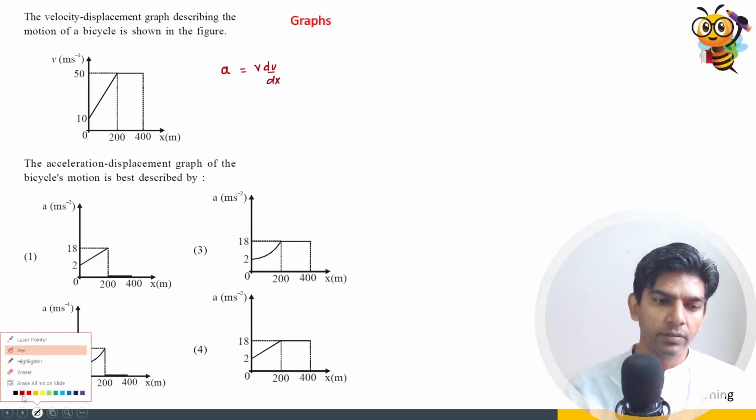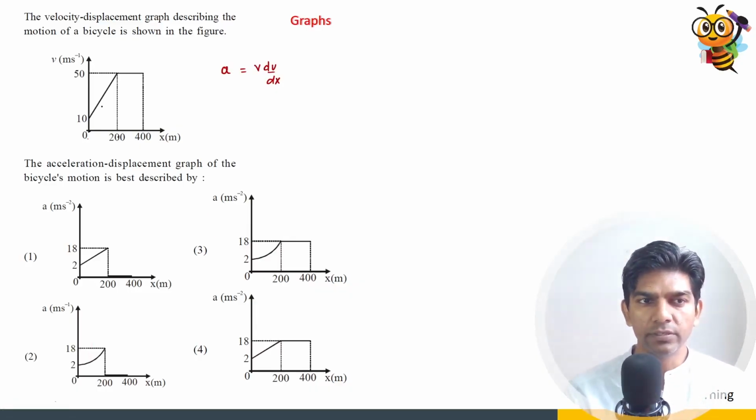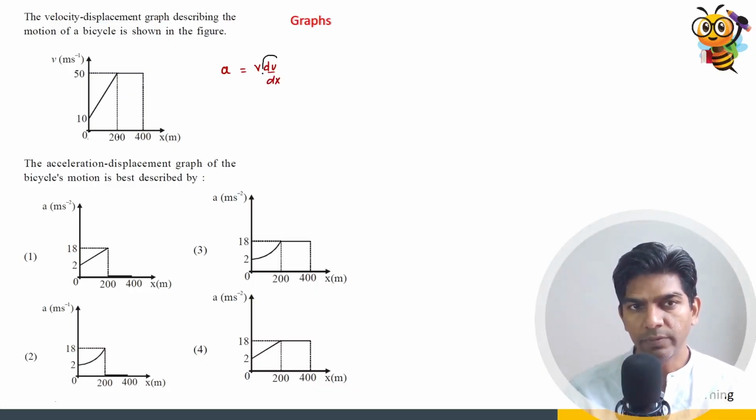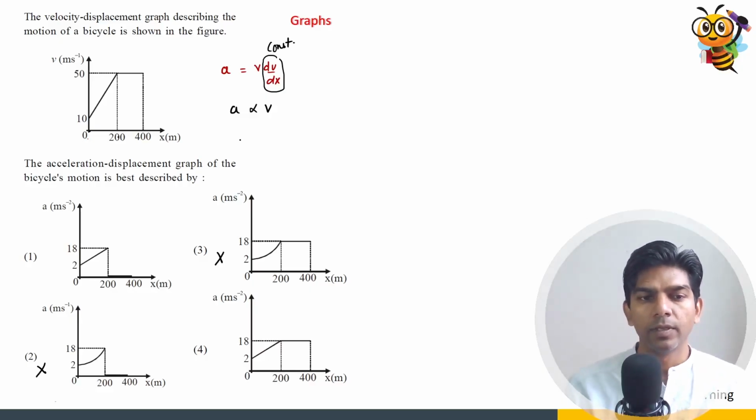If from 0 to 200 meters velocity is increasing linearly, then dv by dx is constant. So we can say acceleration will be directly proportional to the velocity. Velocity is increasing linearly, so a should also increase linearly. So option 3 and option 2 are incorrect, where we have a non-linear graph from 0 to 200 meters.